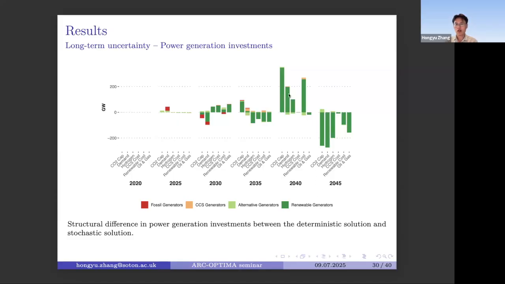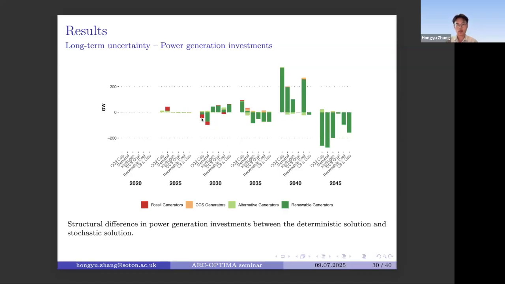As you can see, compared with the deterministic case, in the stochastic case in 2040, first of all, you have an earlier investment in renewables, and also more investment in renewables compared with the deterministic case.